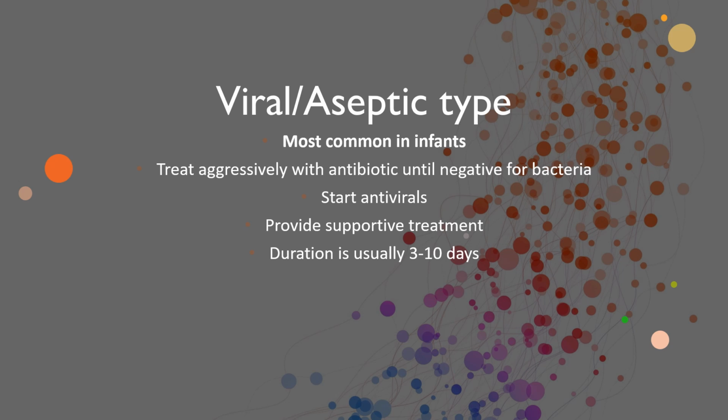So we do look at the protein and glucose as well as the fever spikes to be able to point us towards whether or not we think it's bacterial versus viral. So I always think in bacterial, you're going to have really high fever spikes, all the way up to like 102, 103, potentially 104.